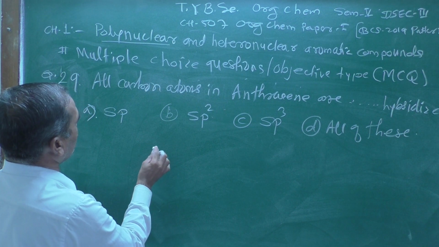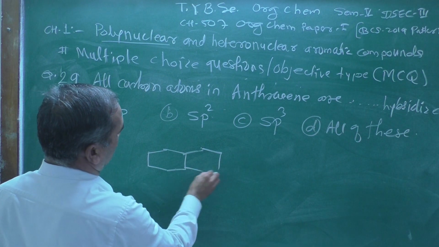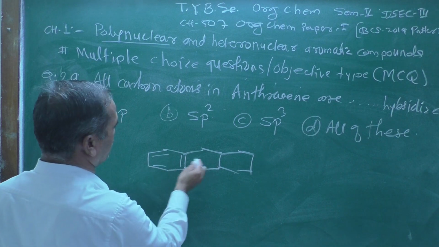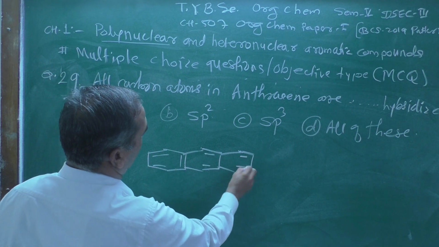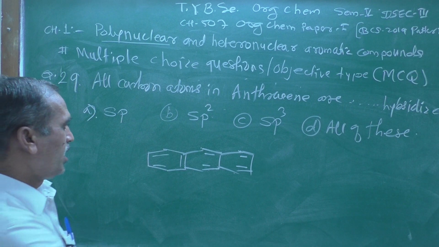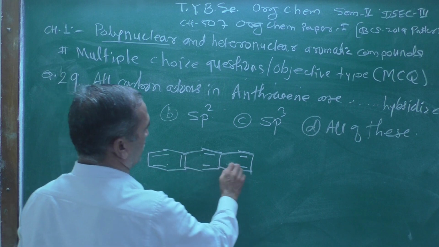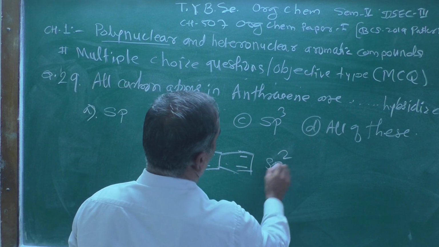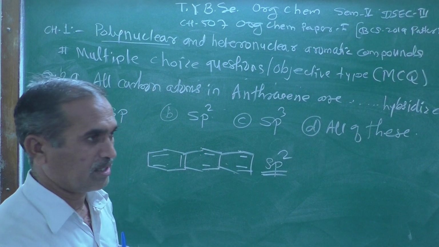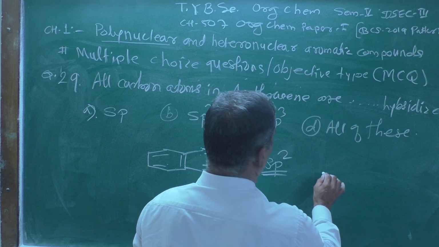Now let us see once again, or rather I am providing you the justification. Look, every carbon atom has double bond character, and that is why it shows sp2 hybridization, and that becomes trigonal geometry. The bond angle is 120, sp2 hybrid orbital.